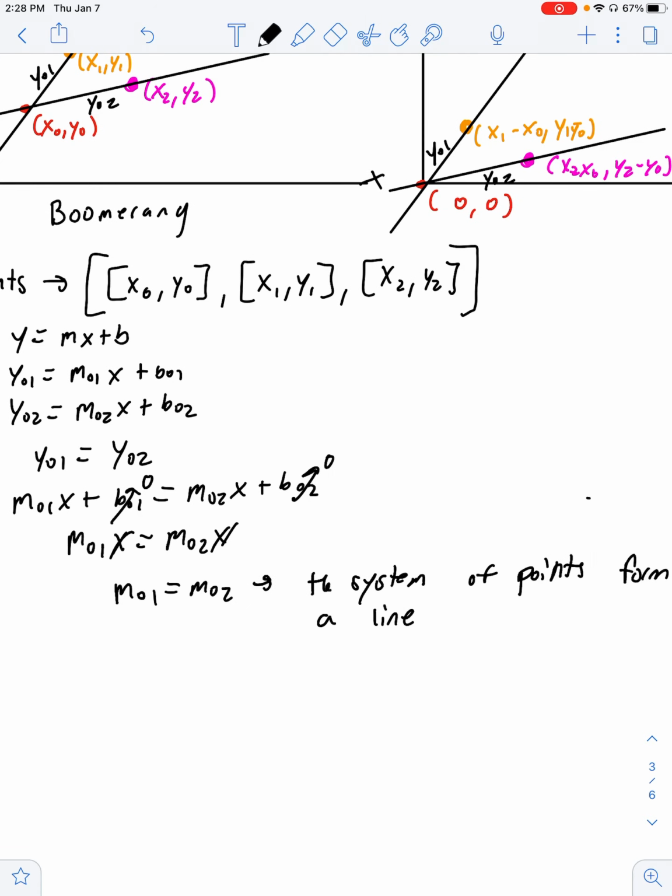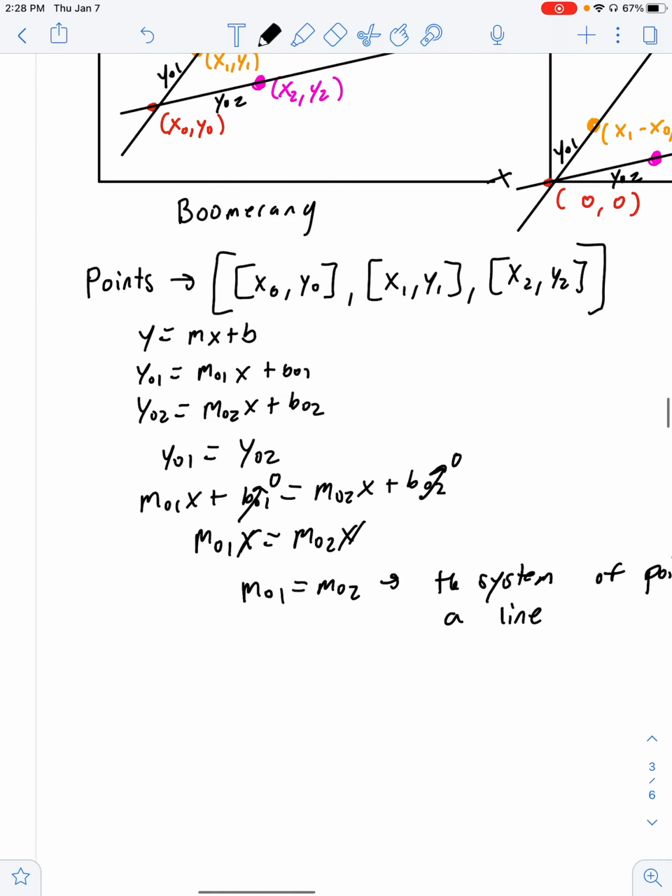Okay, so we basically have the solution now in a way, but the problem is that we're not given two slopes, which is what these m values represent. We're given a system of points, so we need to find the slope from the system of points.